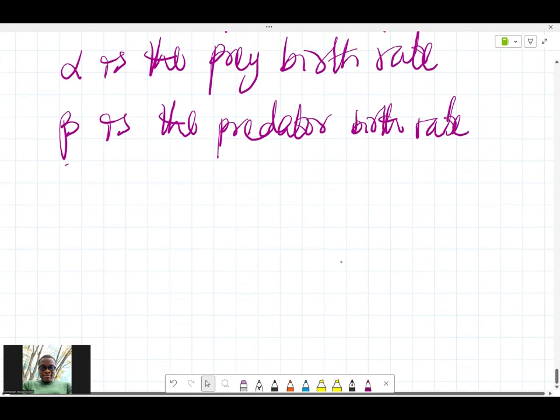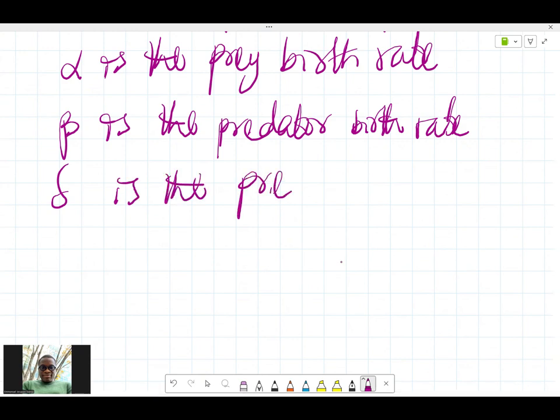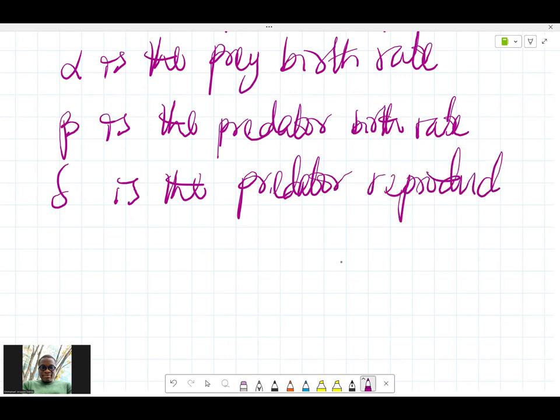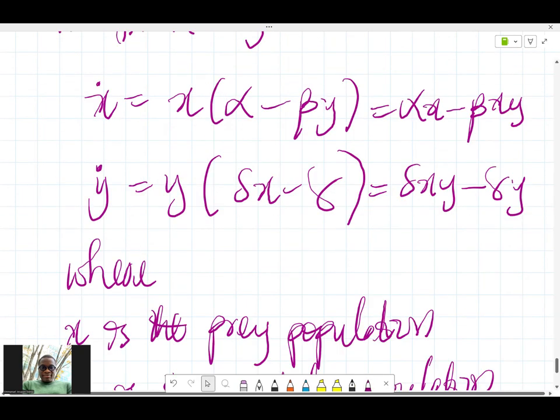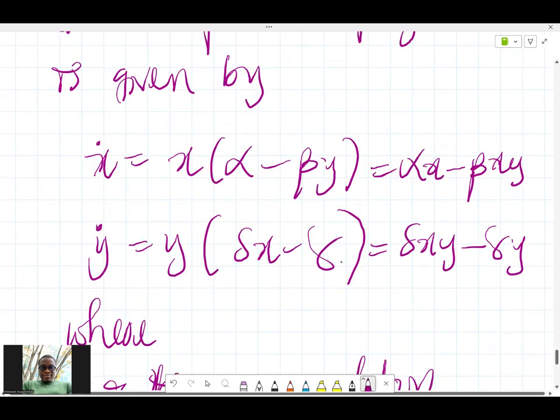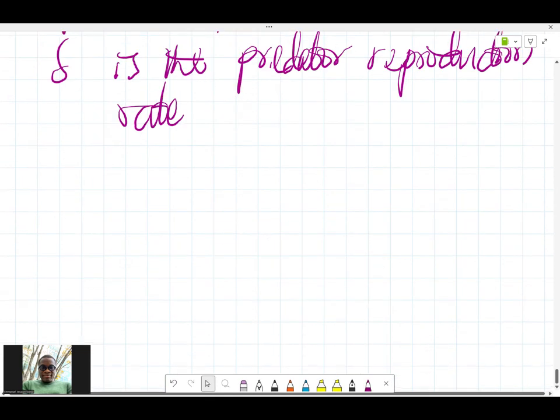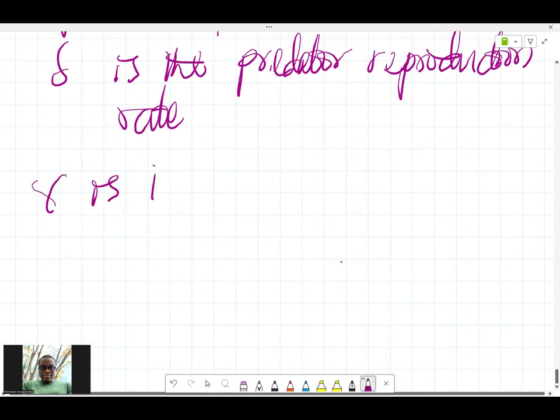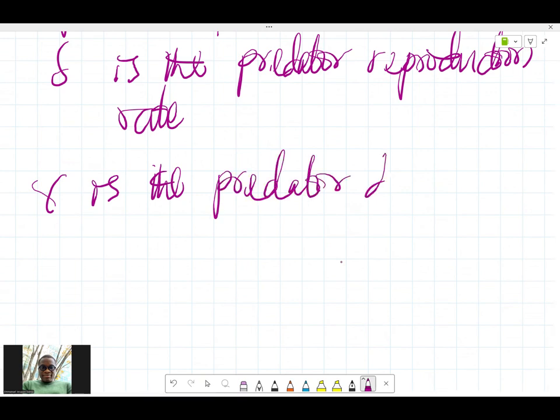So delta is the predator reproduction rate. And lastly, gamma is the predator death rate.